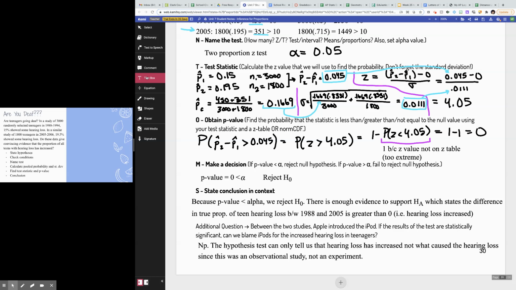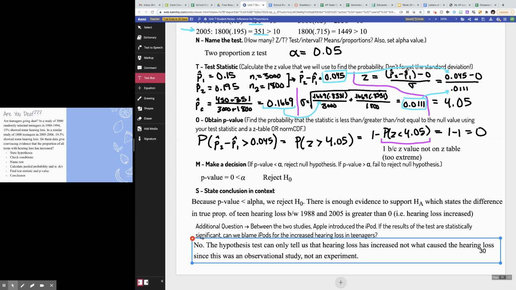If the results of the test are statistically significant, which they are, because we rejected the null, can we blame iPods for the increased hearing loss? And the answer here is no, we can't, because this hypothesis test can only tell us whether or not hearing loss has increased and not what actually caused the hearing loss.